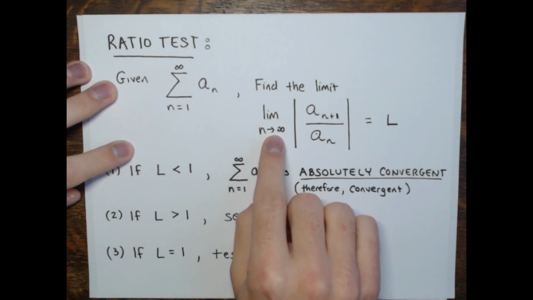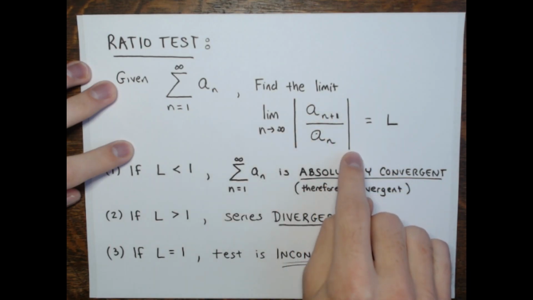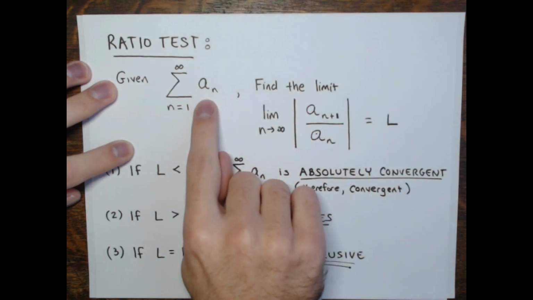The limit as n approaches infinity of the absolute value, because this is really a test for absolute convergence of a series. But you may recall from section 5.5 that if a series is absolutely convergent, the original series will also converge. Right? So imagine all the terms are non-negative.